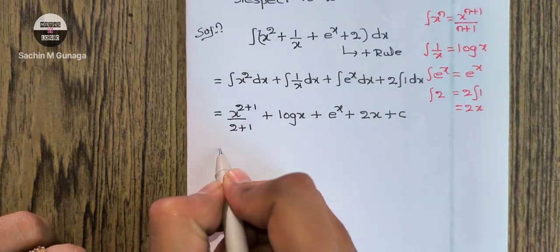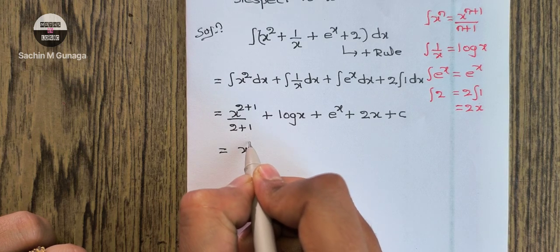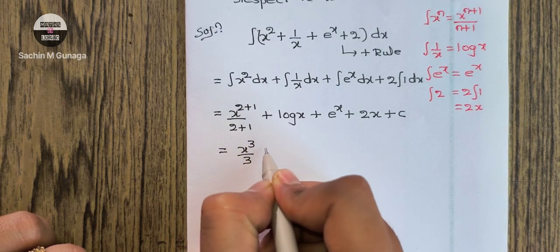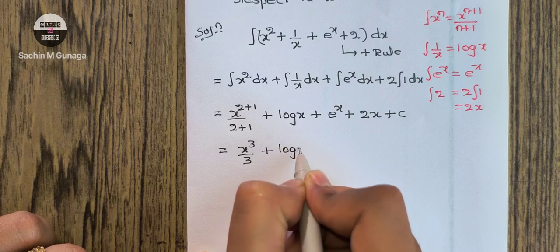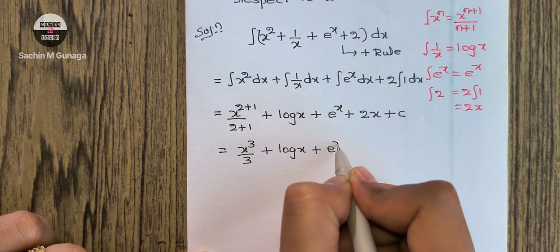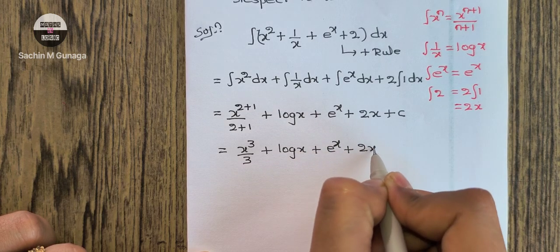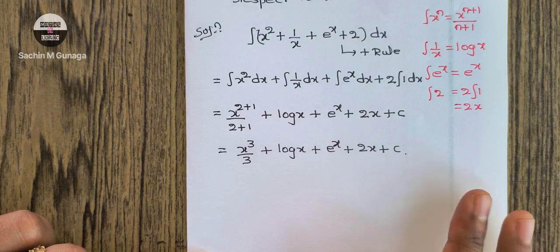Therefore the final answer is x power 3 divided by 3 plus log x plus e power x plus 2x plus c.